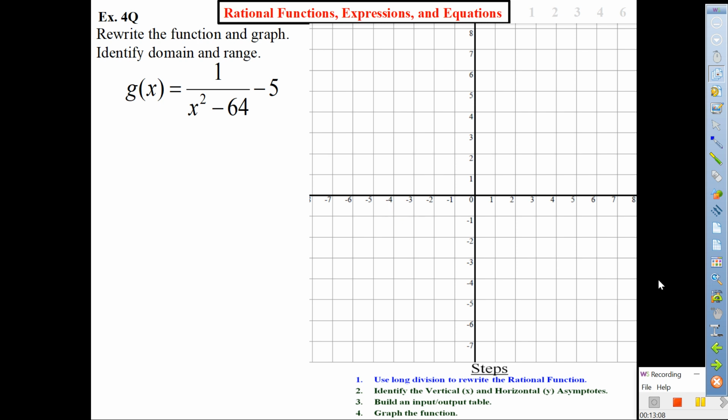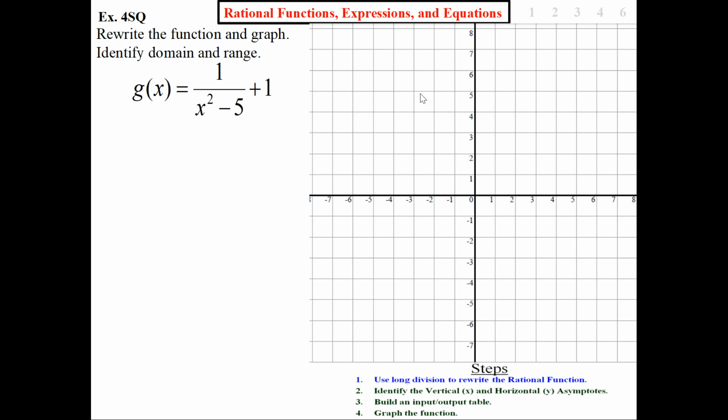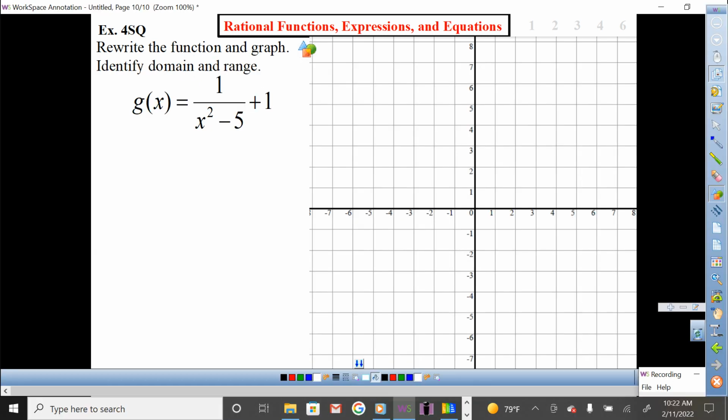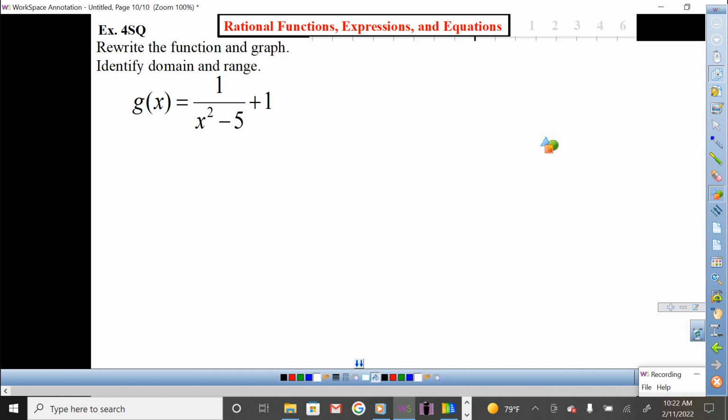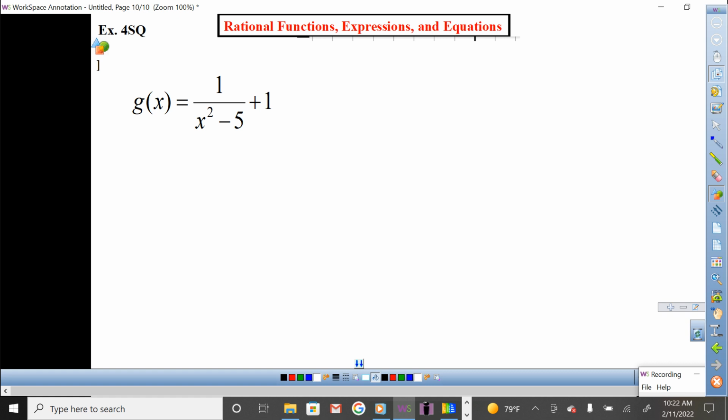Copy this one, example 4, supercube. The function given is g of x equals 1 over x squared minus 5 plus 1.